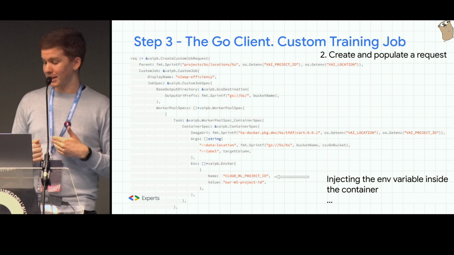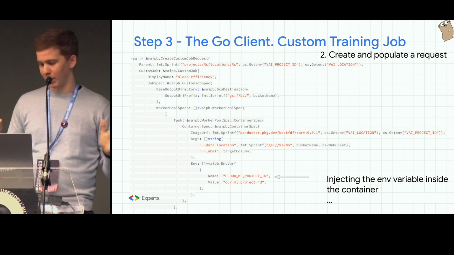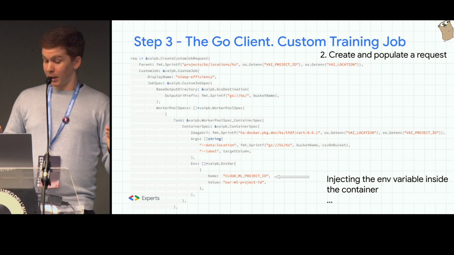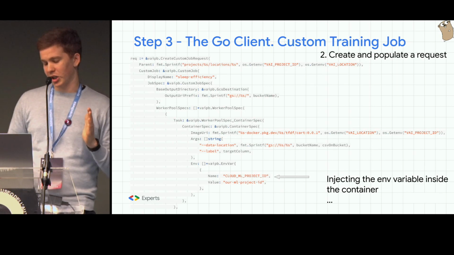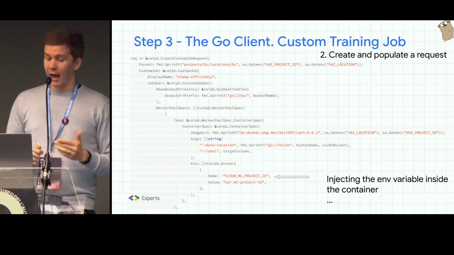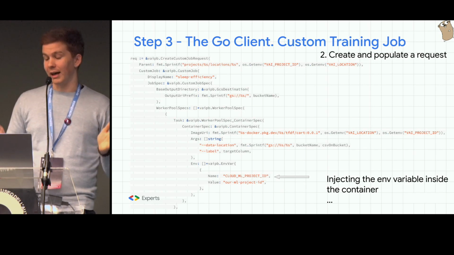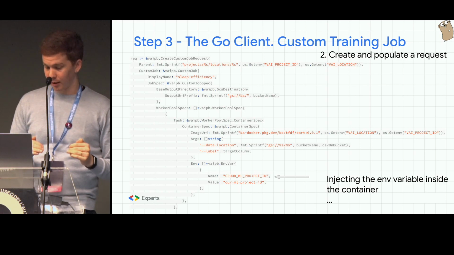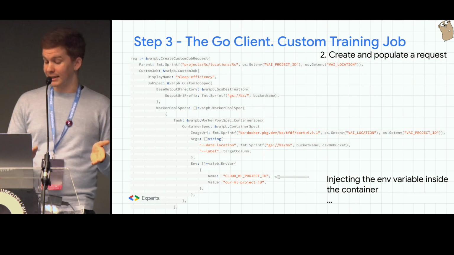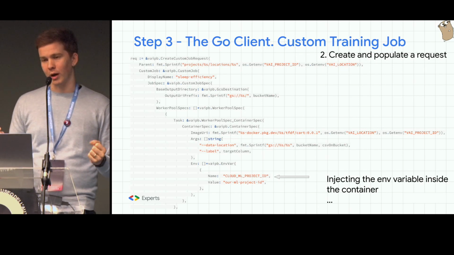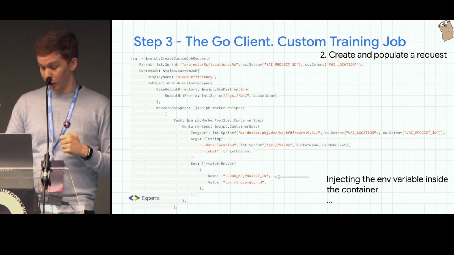This is perhaps the most strange part of the whole talk, because the create custom job request is pretty much like a huge JSON that needs to be filled. And we have to specify all these fields. All these fields, of course, have a meaning. For instance, the destination is the destination where the trained model will be uploaded.